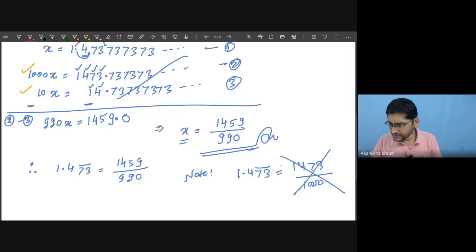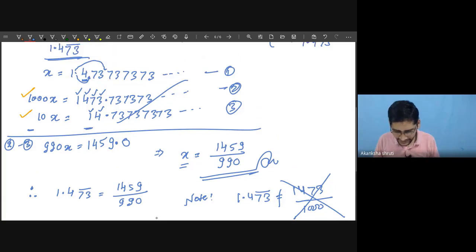So this you have to take care. Bar has its own significance. Here the bar indicates the repeated digit. As a result, the numerator has also changed. 1473 is not there, it is 1459. And the denominator is also not 1000, it is 990. Okay, students?